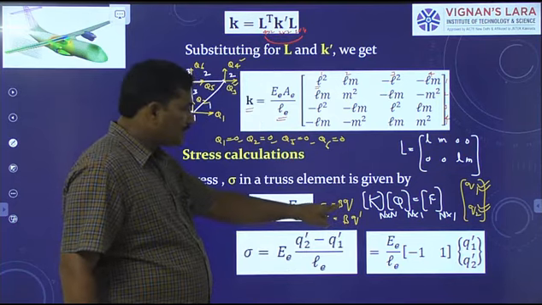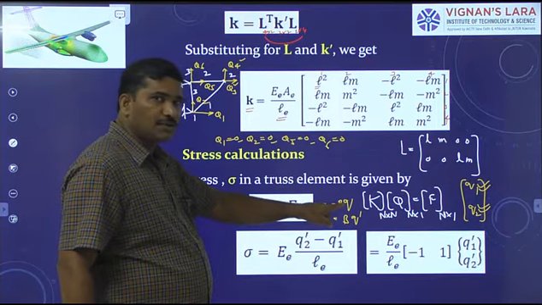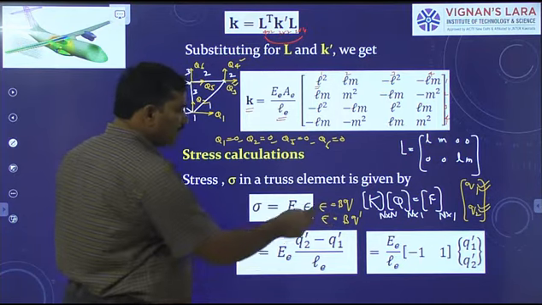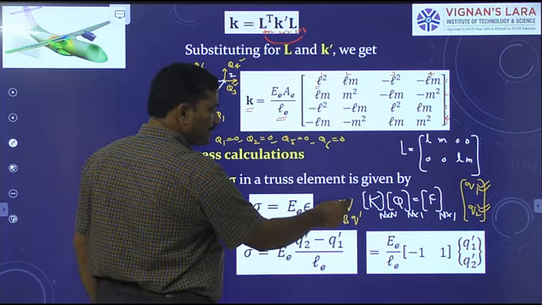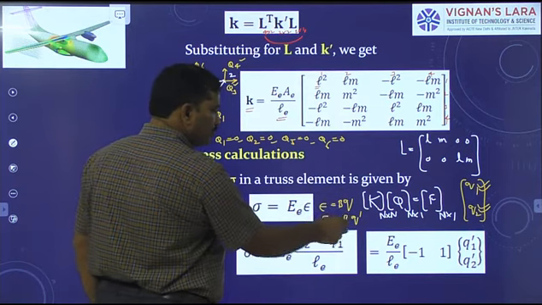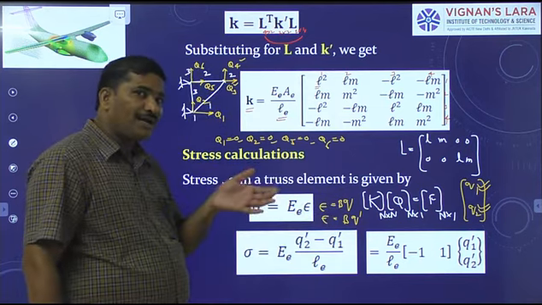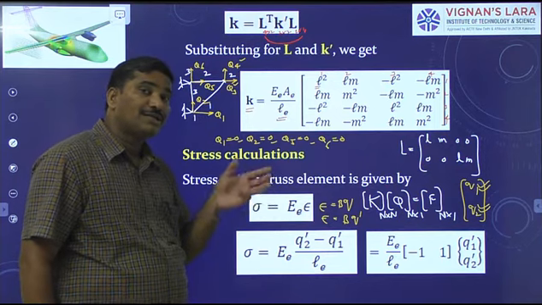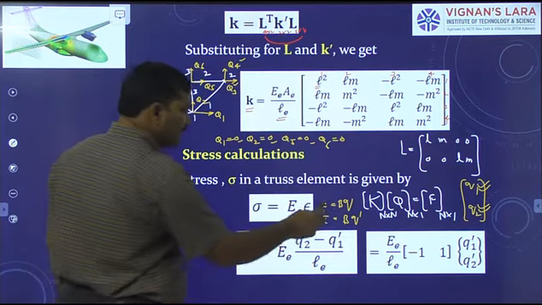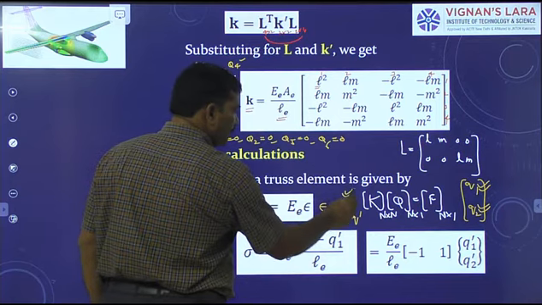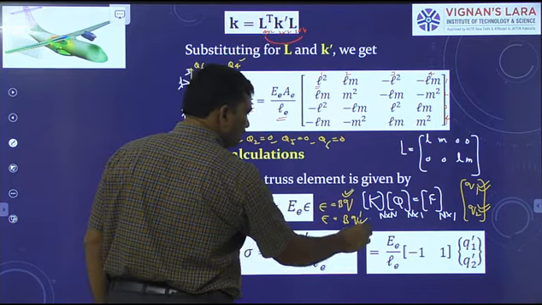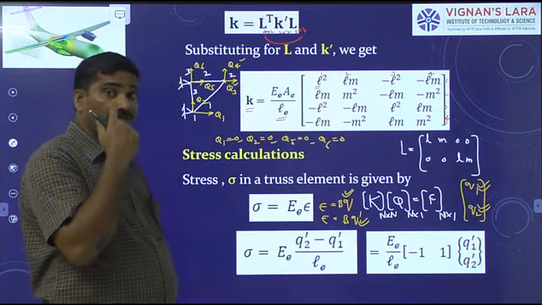Here, epsilon equals BQ, this is with respect to global reference frame. What is Q here? A column matrix having the elements Q1, Q2. What is Q dash here? A column matrix having the elements Q1 dash and Q2 dash. This is the relation pertaining to global reference frame, and this is the relation pertaining to local reference frame.